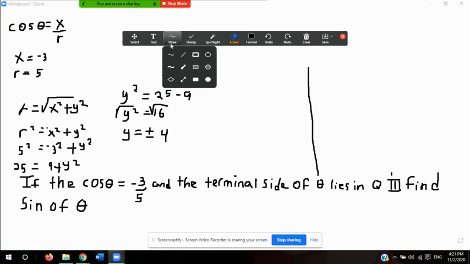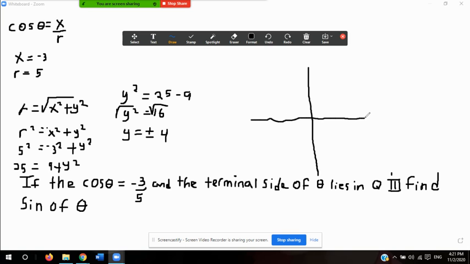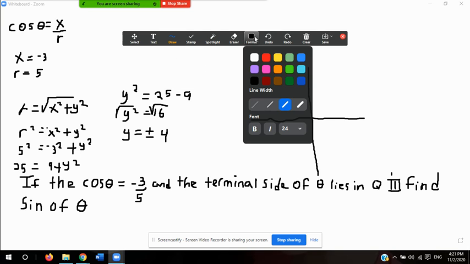So because this lies in quadrant 3, which is right here, quadrant 3 is this one. And because in quadrant 3, all trigonometric functions except the tangent and the cotangent are negative, that means that my triangle is in fact going to be negative.